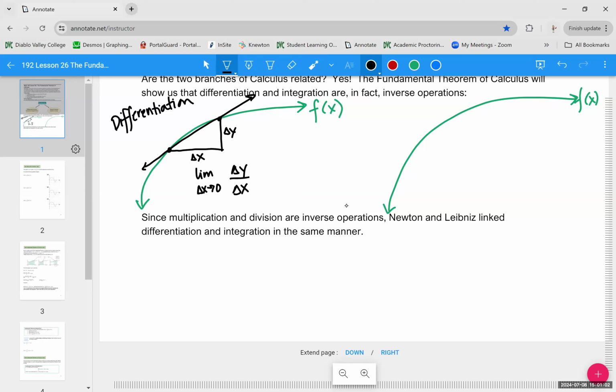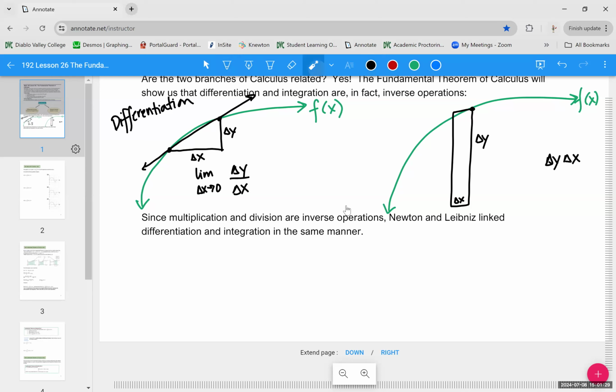Whereas in integration, we were taking areas, and we had a delta x. This is really an f of x, but we could think of it as a delta y, because it's from the y coordinate down to 0. We were trying to find an area, so we were multiplying the height times the width.